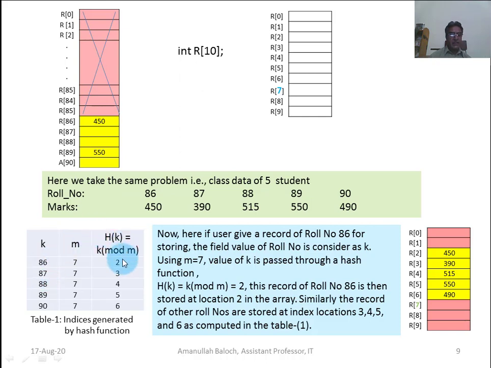Instead of these keys, we are utilizing these hash addresses, and in that example, these hash addresses were constructed for storing the records A, B, C, D, E, X, Y, Z. Here the records are the marks of the students, and we have stored these marks at these hash addresses.